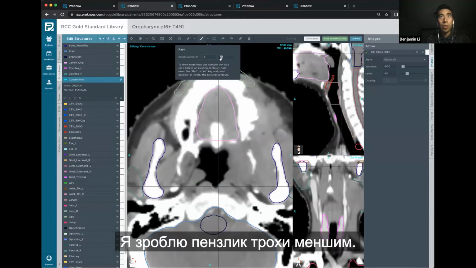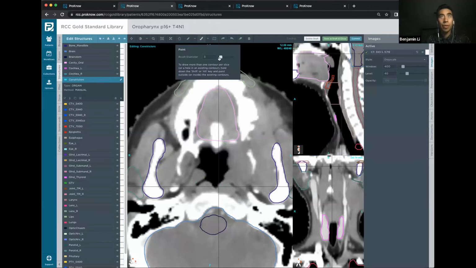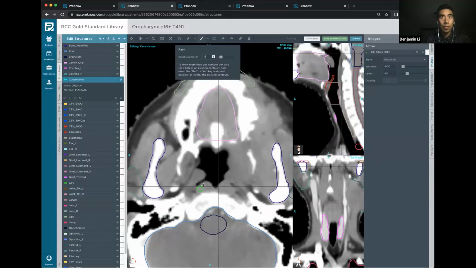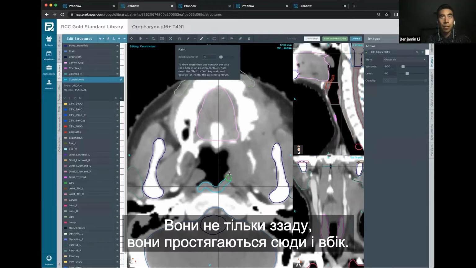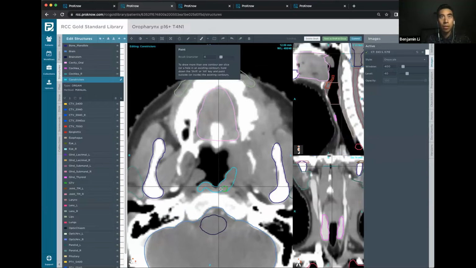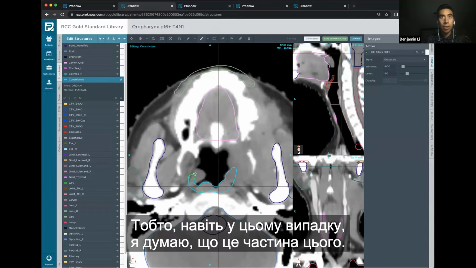I'm going to make my brush just a tiny bit smaller. And these are muscles for swallowing. They're not just in the back, they do extend here to the side. So, even in this case, I think this is part of it.